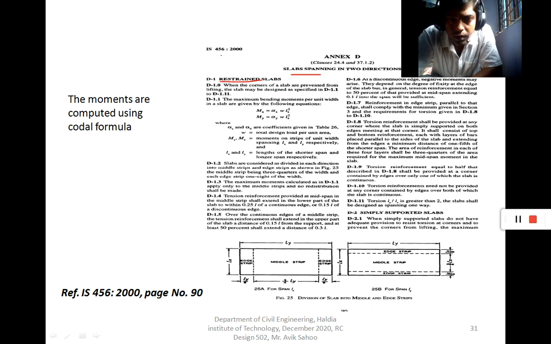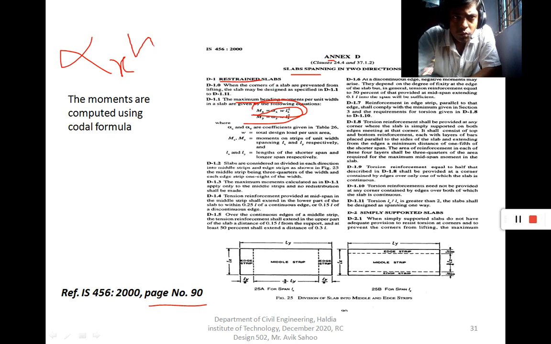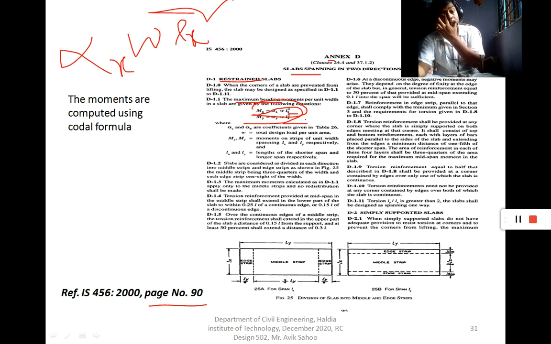It is given in IS 456:2000, page number 90, Annex D. And maximum bending moment is computed using this formula for Mx and My. The formula is alpha x, then w, and then lx square. For computing both moments, the shorter span is considered, that you note. Only the coefficients are different.